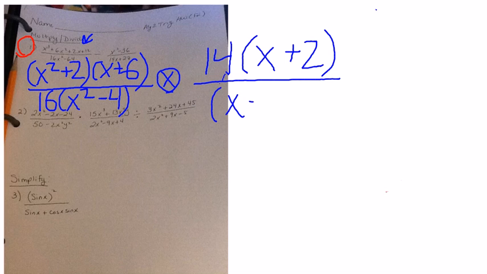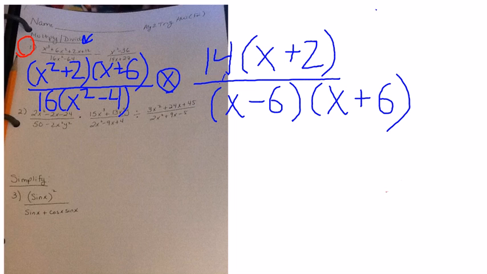So on the top I'll have the 14x plus 28. But I'm noticing 14 and 28 are both multiples of 14. So I can write 14 times x plus 2. And then on the bottom I'll have the x squared minus 36. But that's a difference of squares, so I can write x minus 6, x plus 6.